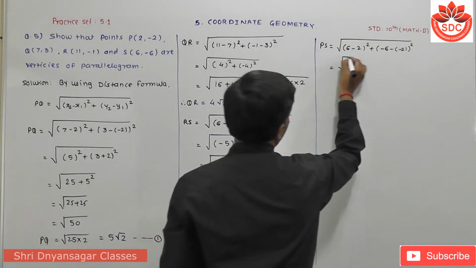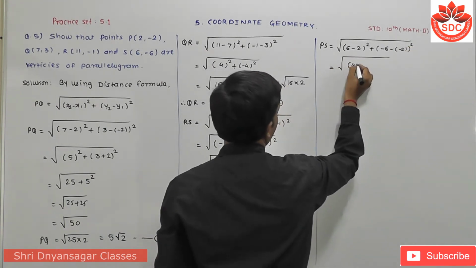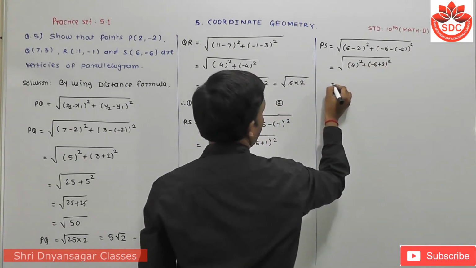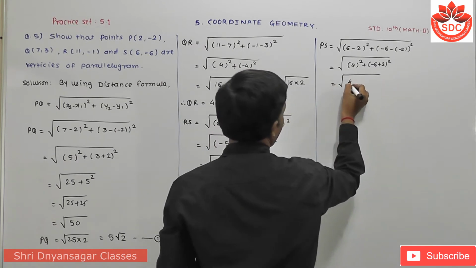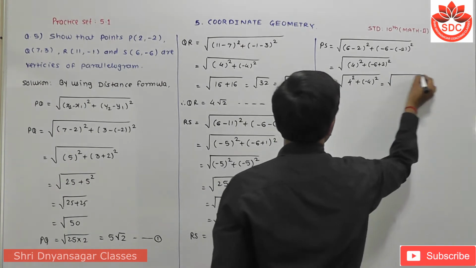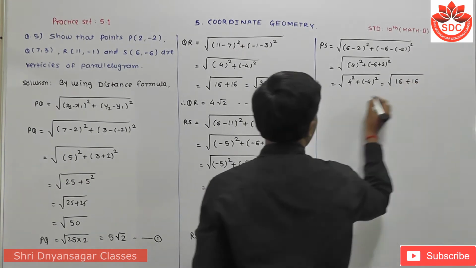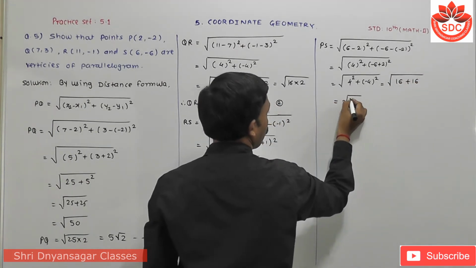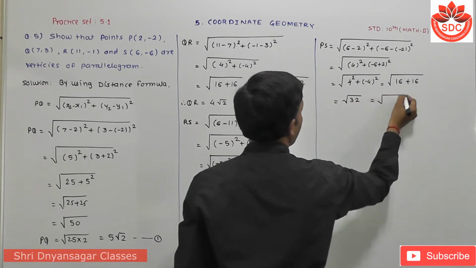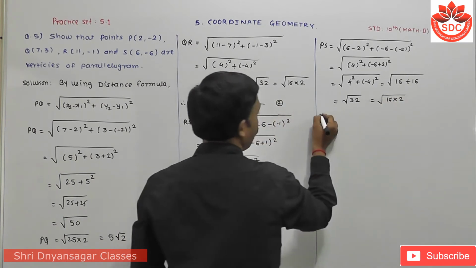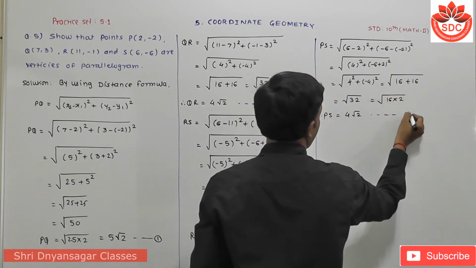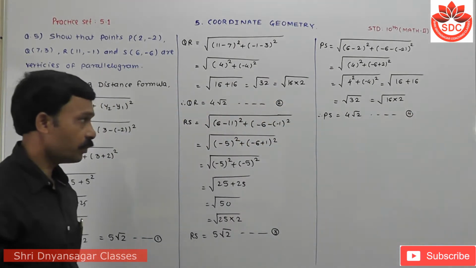Now this is 4 squared plus minus 6 plus 2, squared. Wait, it becomes 4 squared plus minus 4 squared, which is 16 plus 16, the root of 32. Again I factorize it, 16 into 2. Therefore PS is equal to 4 root 2. Suppose this is equation number 4.